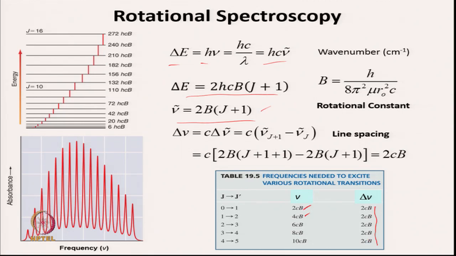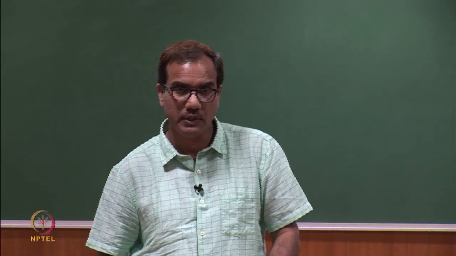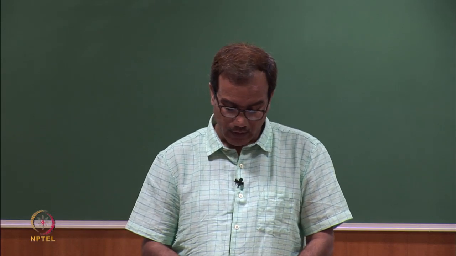So, this is the frequency for the 0 to 1 transition, this for the 1 to 2 transition, this for 2 to 3, and 3 to 4. So, the spacing between these is going to be constant. It will be 2cB hertz or 2B in centimeter inverse.